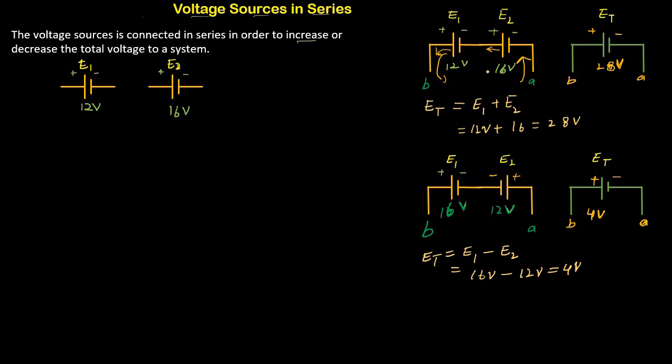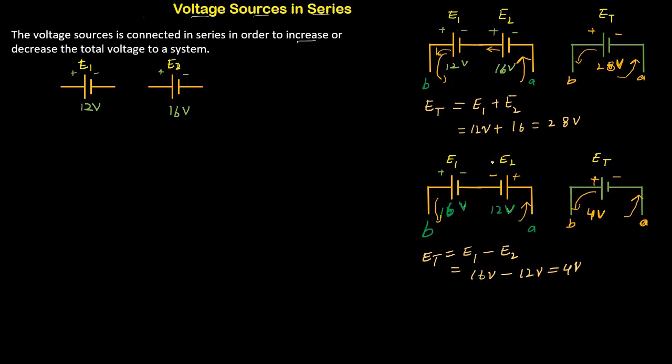So the resulting direction of these two DC voltage sources is from B towards A. And for this case, the direction of current is also from B towards A, because the voltage rating of E1 is greater than the voltage rating of E2. So the direction of the current will also be the direction of this E1, from B towards A.